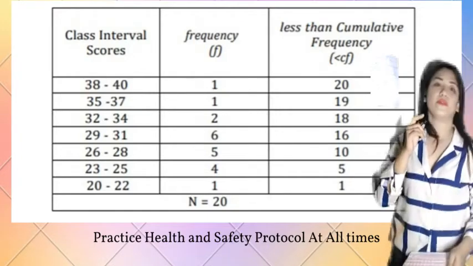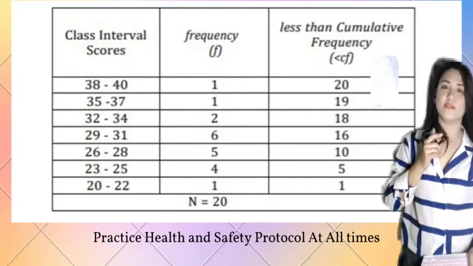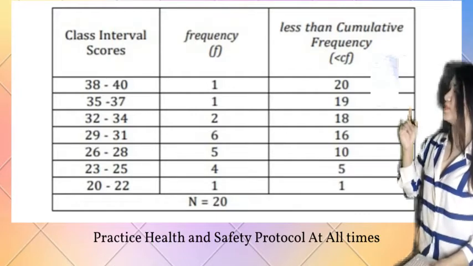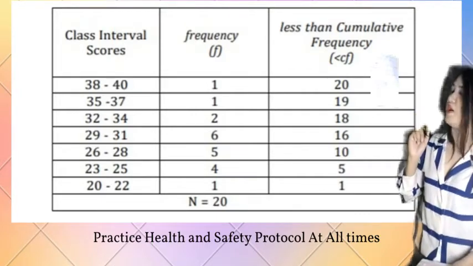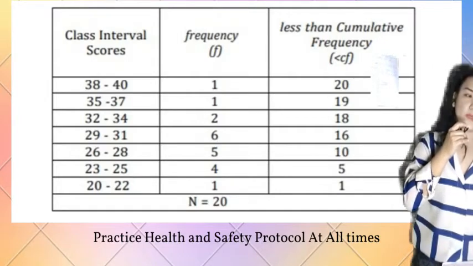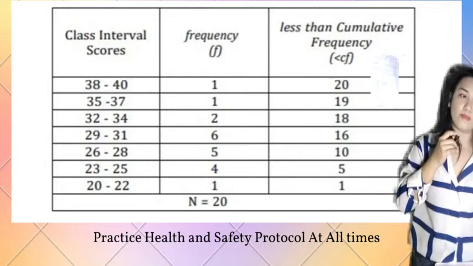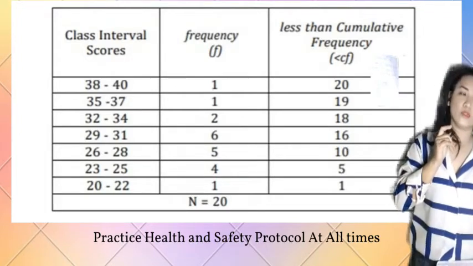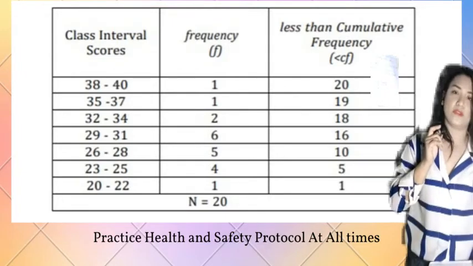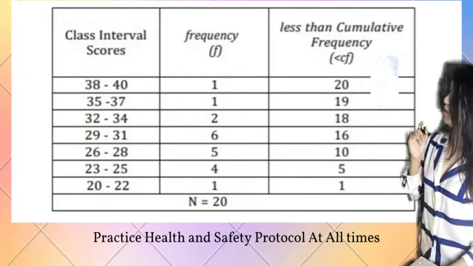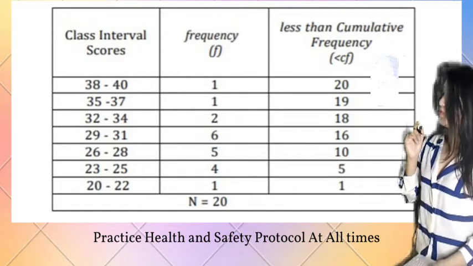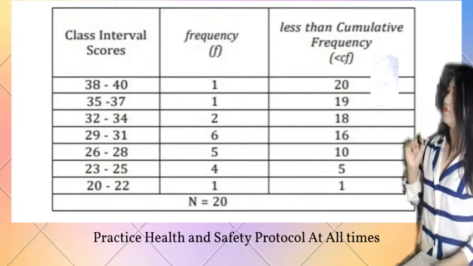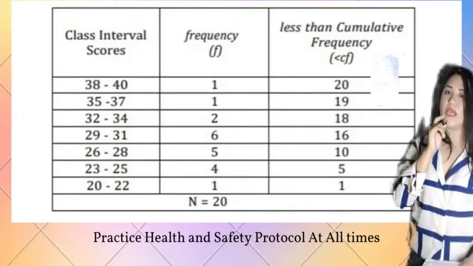What about cumulative frequency, denoted by CF? How do you calculate that one? If you can see on the table, where did you get 20, 19, 18, 16, 10, and 5, and so on? Well, the cumulative frequency is calculated by adding each frequency from the frequency table to the sum of the preceding values. So when you add the frequency of the class interval 38 to 40, which is 1, to the rest of the preceding frequencies below that, our N is 20.